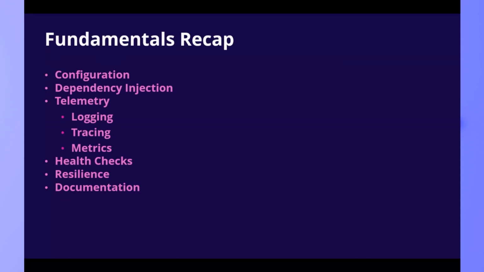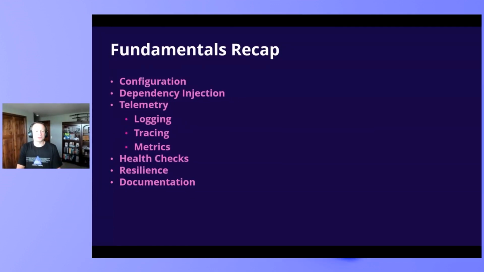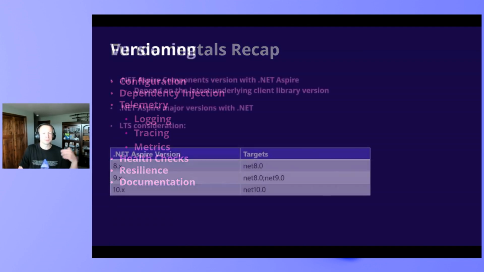It enables health checks. If the library needs some sort of resilience setting that doesn't come by default, it tries to do that. And I didn't show documentation fully, but the configuration schema is a form of documentation that shows what things can be set. And then every Aspire component comes with a README and learn.microsoft.com documents.